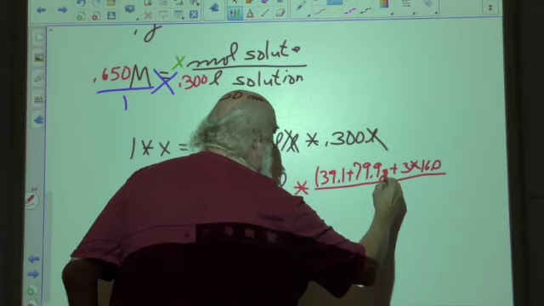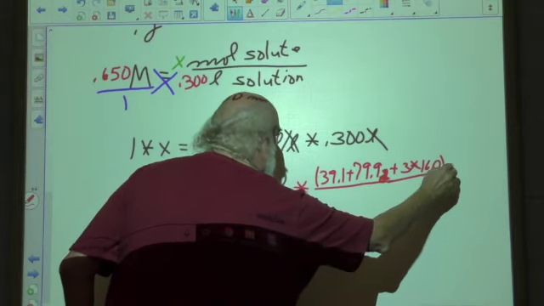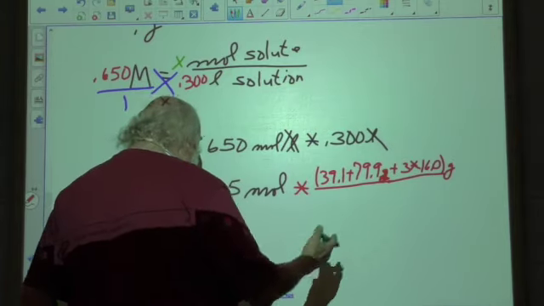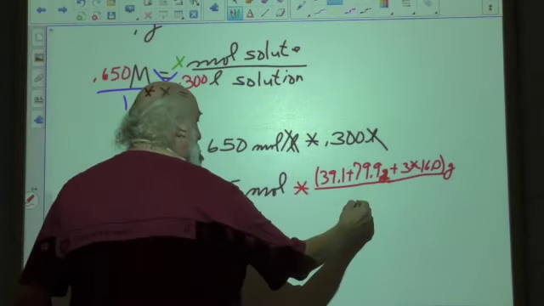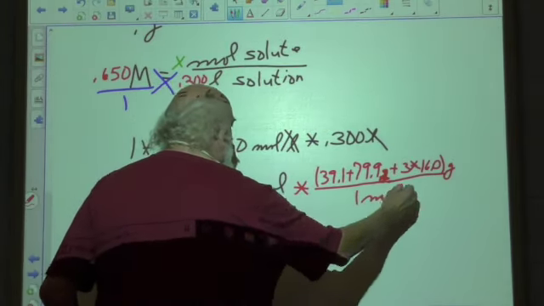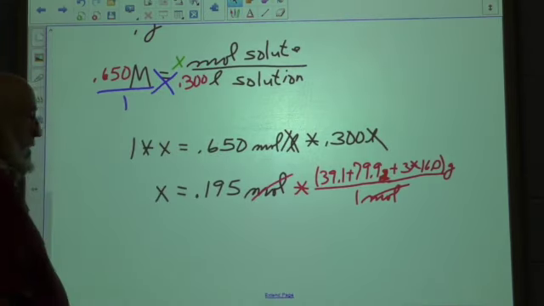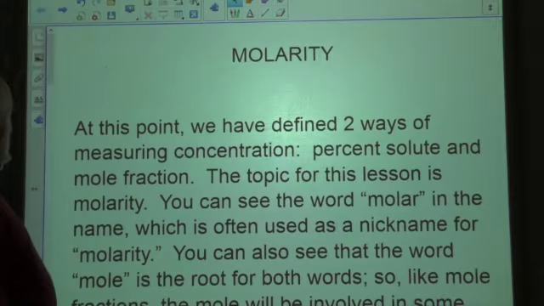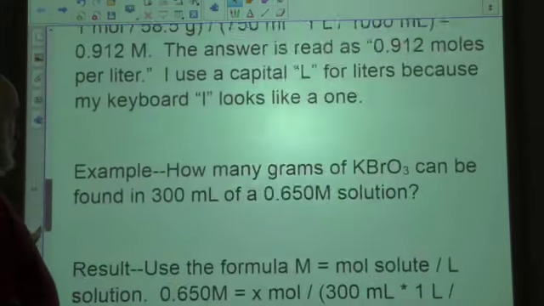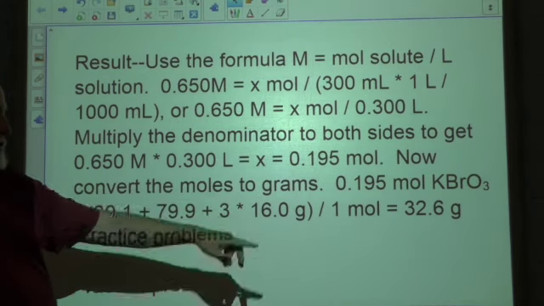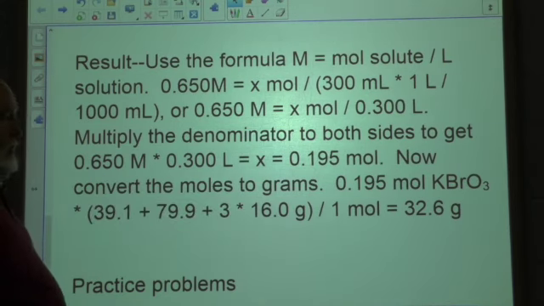I should have put the grams at the end, right outside here. It's probably easier, because we can see that's what we'll be left with for an answer. And then we put 1 mole in the denominator. Moles cancel out, multiply this out, and that's going to give us our answer in grams, which I've done on the script here. And we get 32.6 grams.